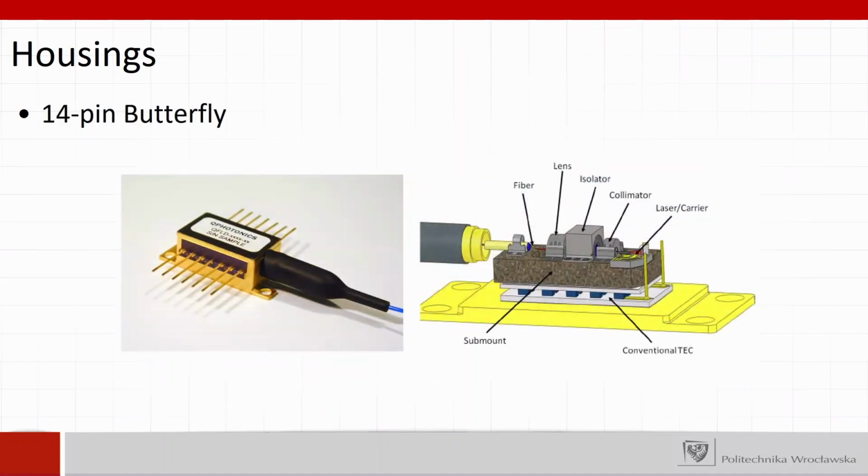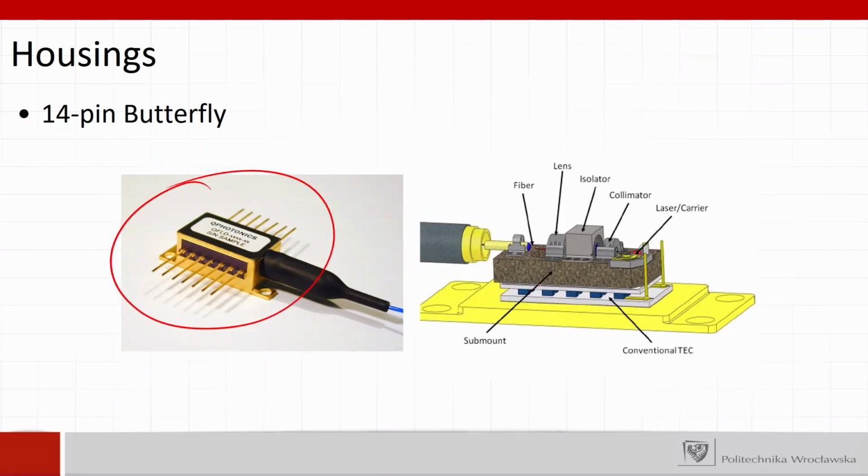If the laser is coupled with the fiber, then usually we have so-called butterfly housings. So this is a 14-pin butterfly housing, a very typical common housing. So if you buy a laser coupled with the fiber, then most likely this will be a butterfly laser.